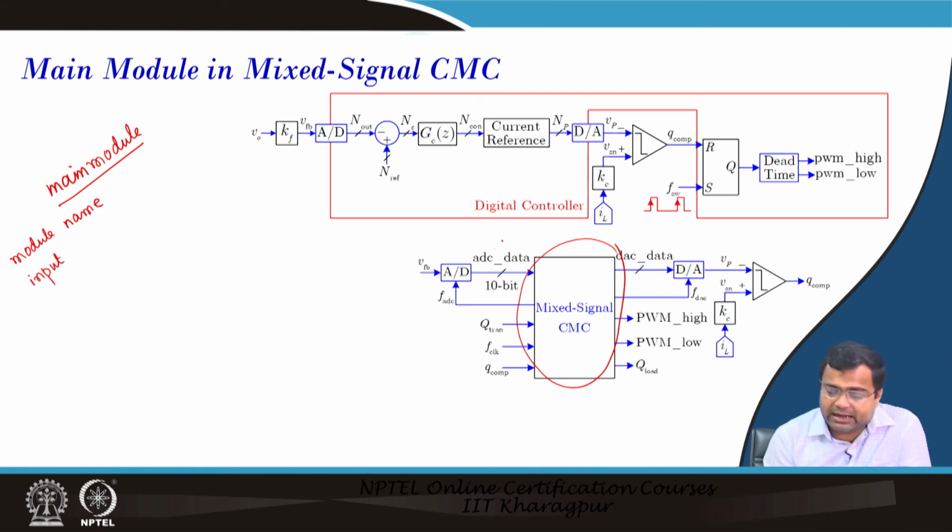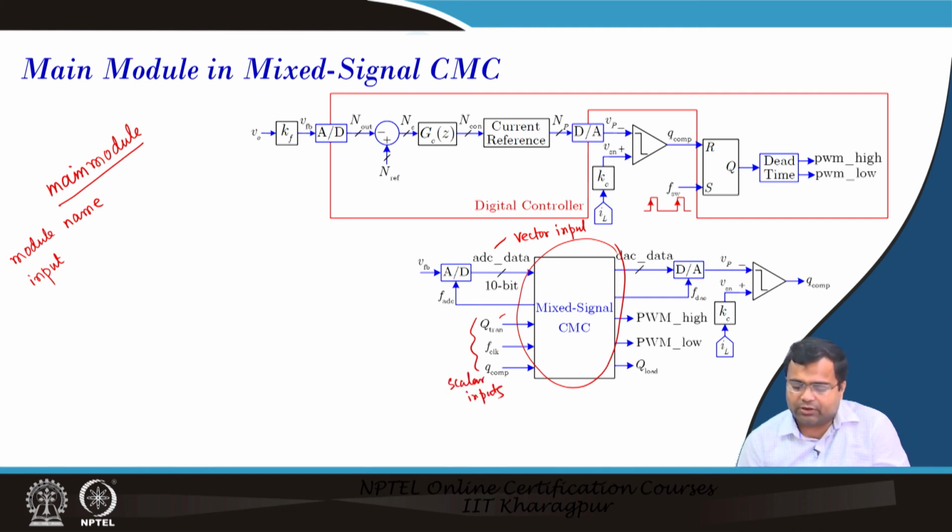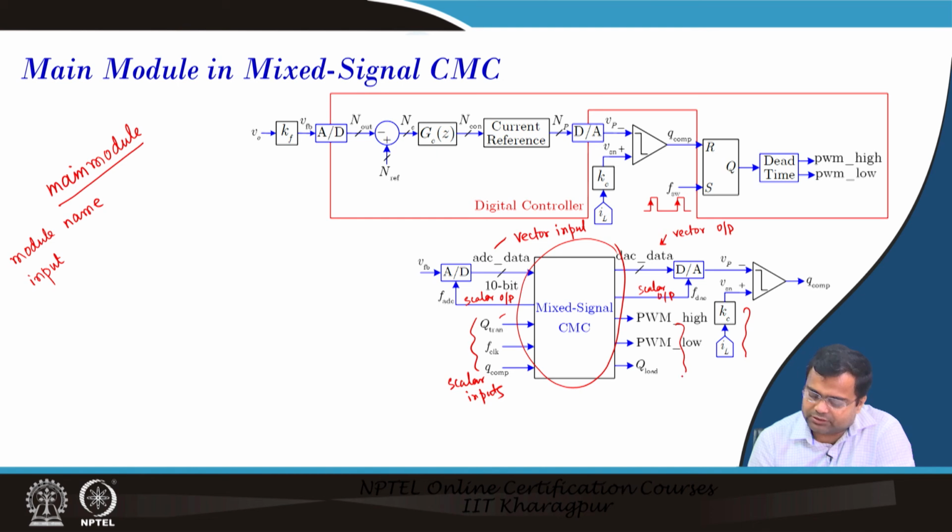ADC data is an input, and this is a vector input. Then these are all scalar inputs. This is the vector output, this is a scalar output, this is also a scalar output, and these are all scalar outputs. So, we need to create the main module.